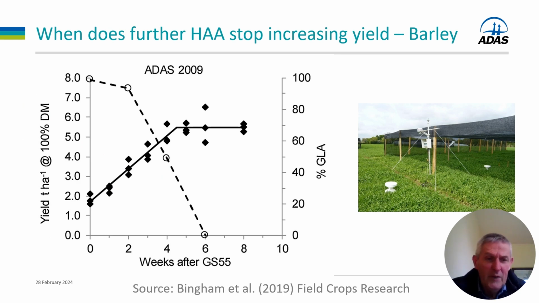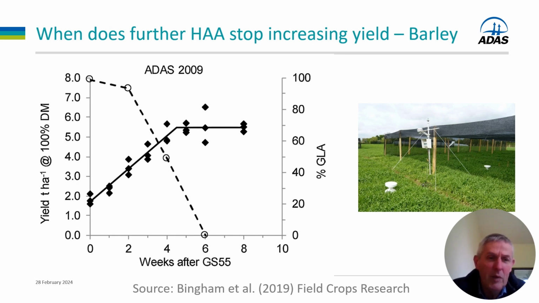So in the chart on the left, we have the point in time at which the shading was applied in weeks after ear emergence, and up the vertical axis we have the yield in tonnes per hectare that we measured.